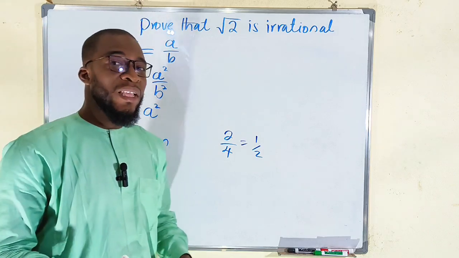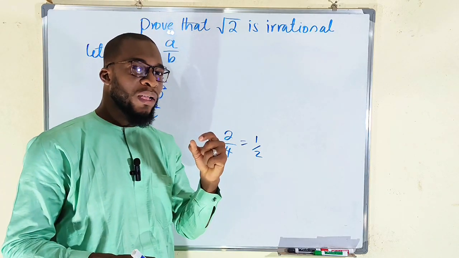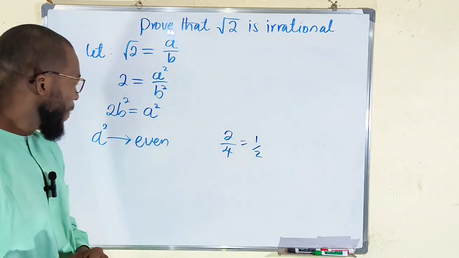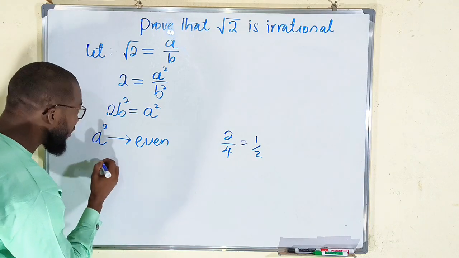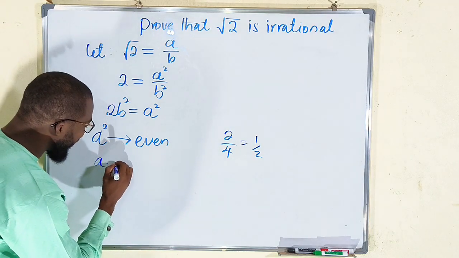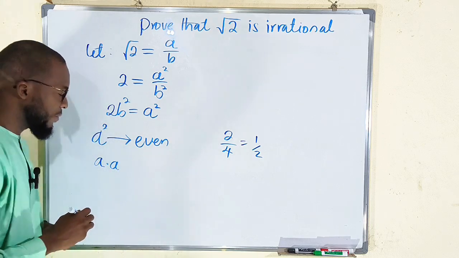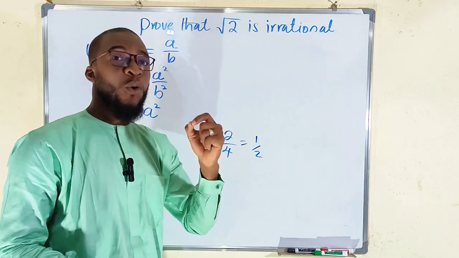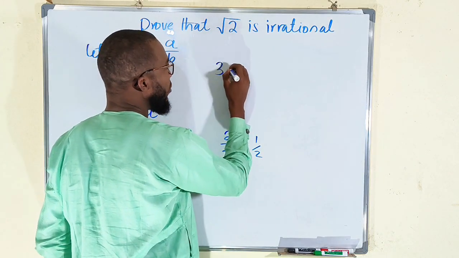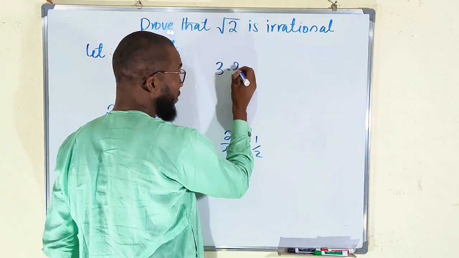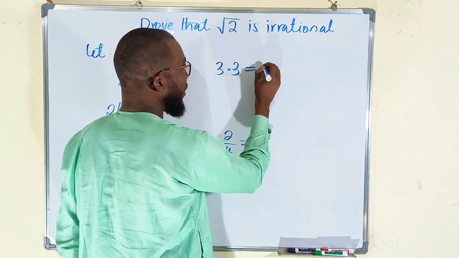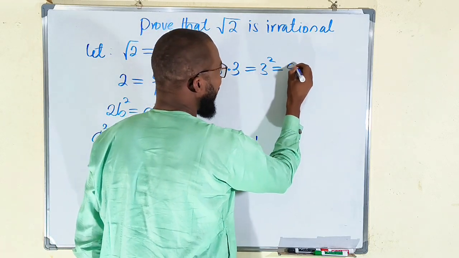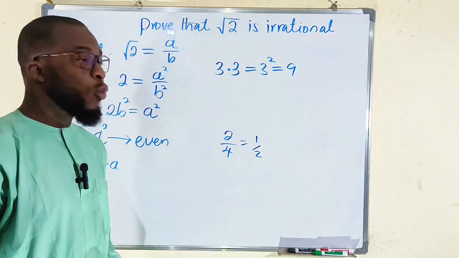And remember that if you square an even number, you still get an even number. So a squared stands for a multiplied by a. If you take an odd number, for example 3, and multiply it by itself, which is 3 squared, you get 9, which is also an odd number.